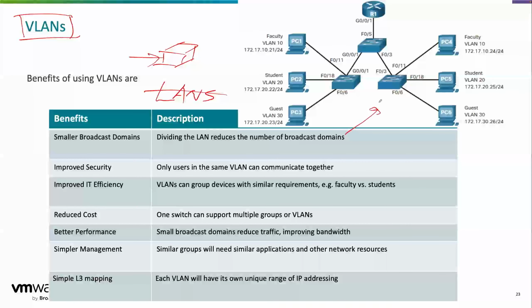Please look at this diagram. Here we have three physical switches connected with each other, and we also have some endpoints, which are 6 PCs. They are sitting on different VLANs: VLAN 10, VLAN 20, VLAN 30. So they form different LANs.